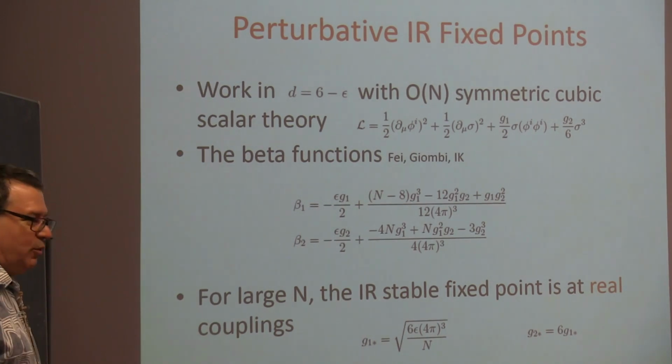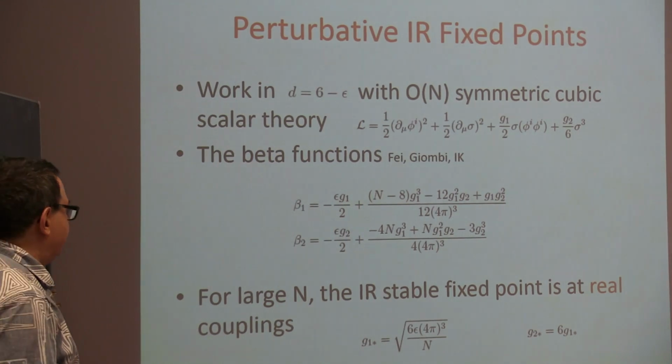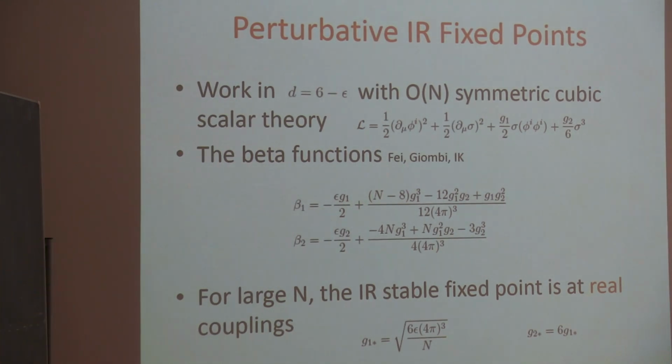Normally we don't like cubic potentials because they're unstable. But we can nevertheless, if you read any field theory textbook, especially Srednicki's textbook is entirely devoted to phi cube theory in 6 dimensions. You can formally do perturbation theory in phi cube near 6 dimensions.